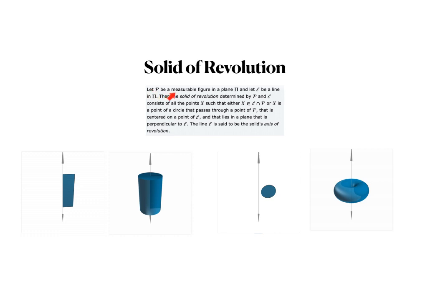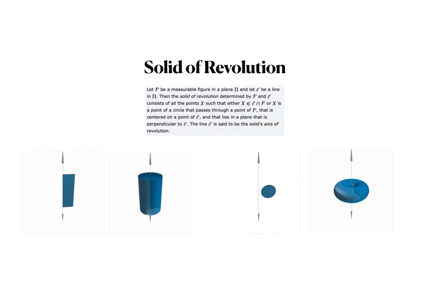So we're going to let F be a measurable figure in a plane pi, and let L be a line in pi. Then the solid of revolution determined by F and L consists of all the points X such that either X is an element of the line L intersected with F, or X is a point of a circle that passes through a point of F, is centered on a point of L, and lies in a plane that is perpendicular to L. The line L is said to be the solid's axis of revolution.